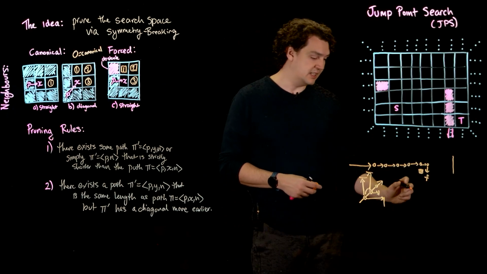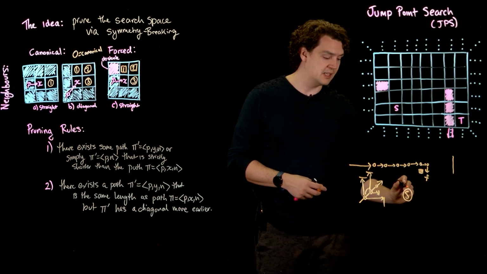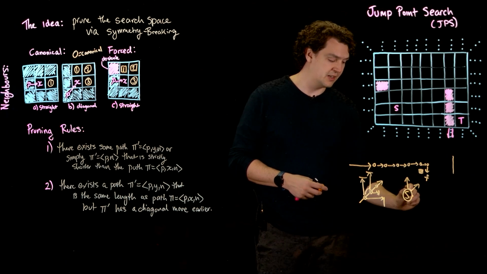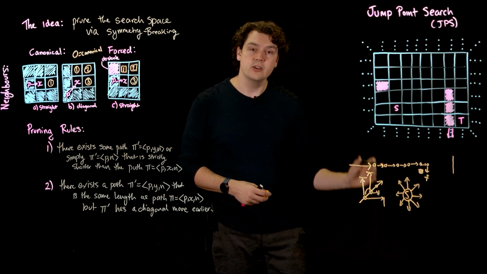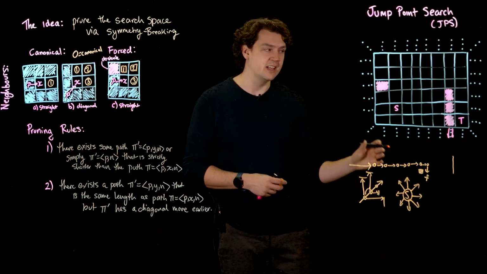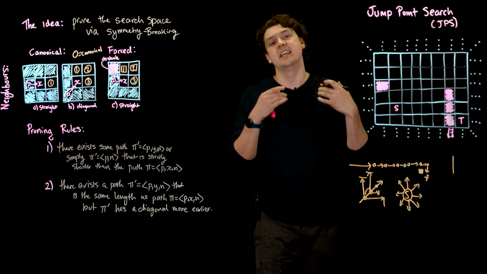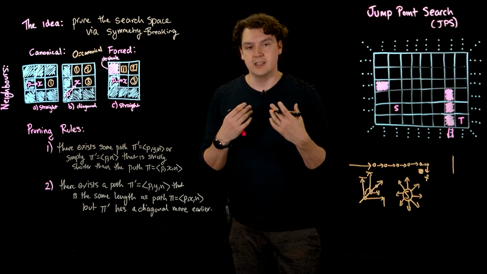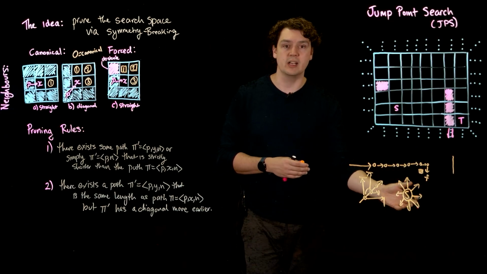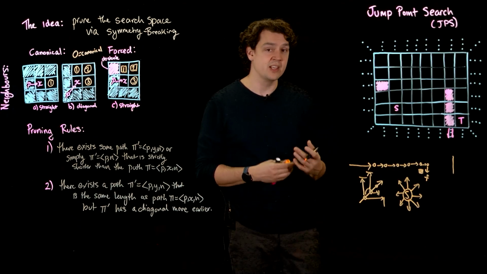The other idea, the really, really important idea here, is that the start node is the only special node in the entire search space, okay? From the start node, in order to not miss anything in the map, we must explore all possible avenues, all possible directions from the search node.